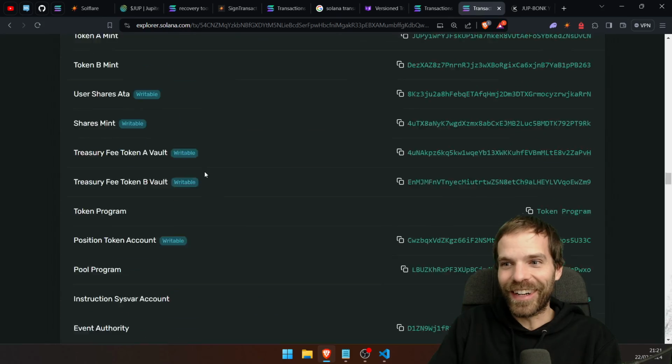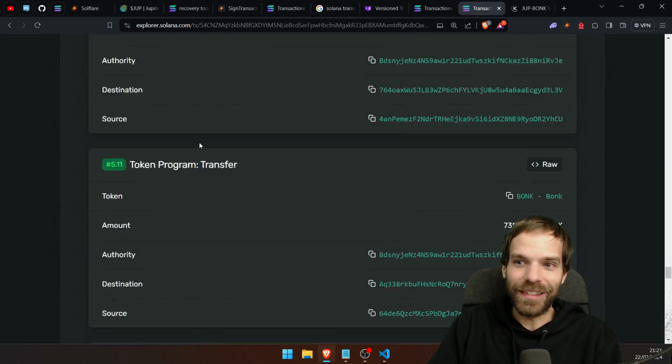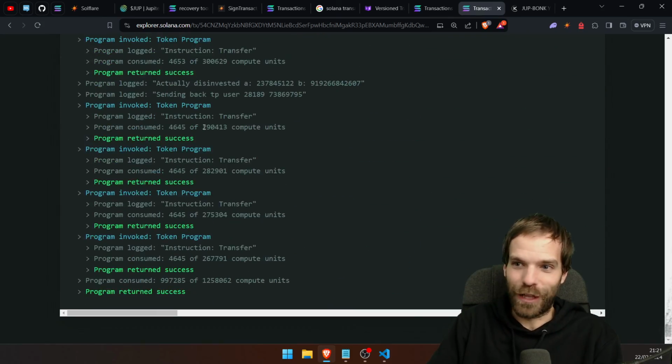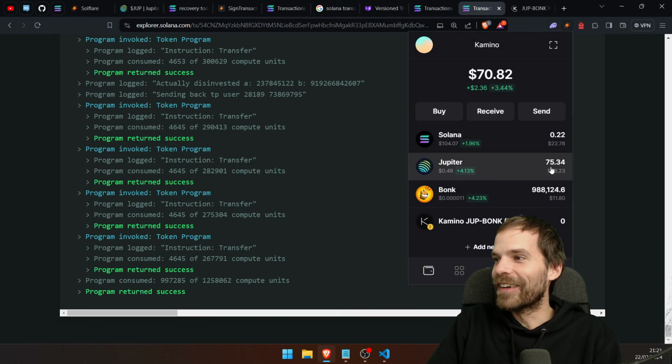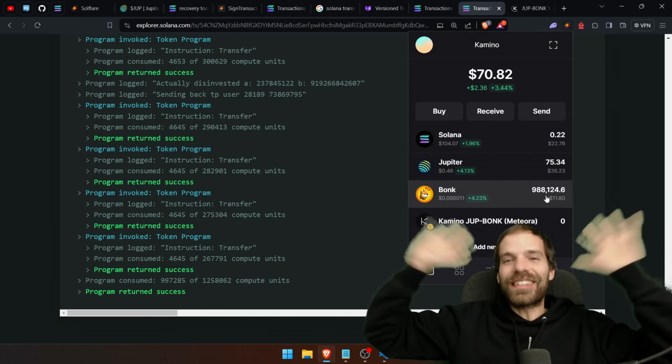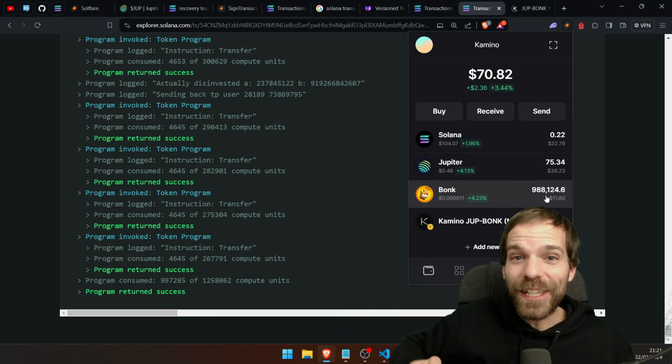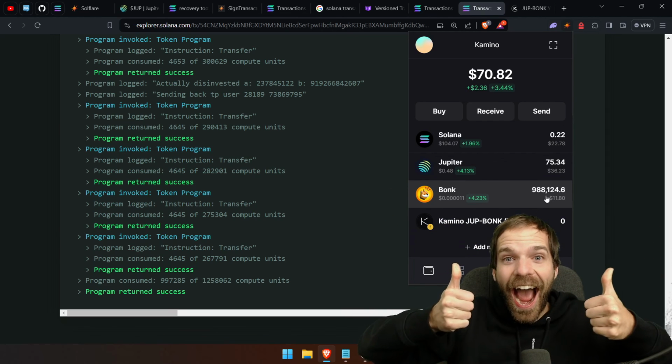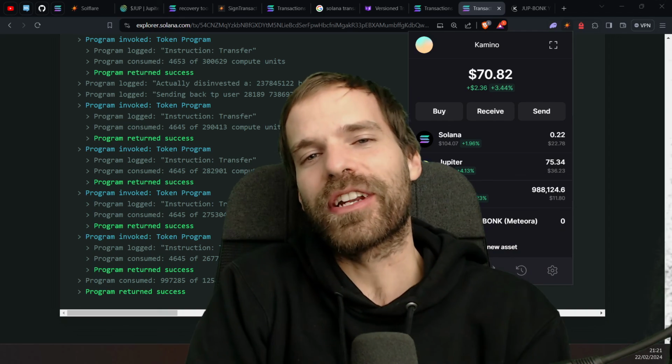That all just worked. I don't know what all of that does. It doesn't matter. I don't care about all of that as long as in the end we get success. Now check this out. We got the chup and the bonk out of Kamino. So we can get stuff out of Kamino even if we have a bricked wallet. Isn't that cool? I think that's really nice.